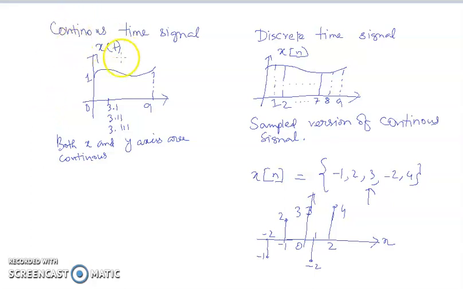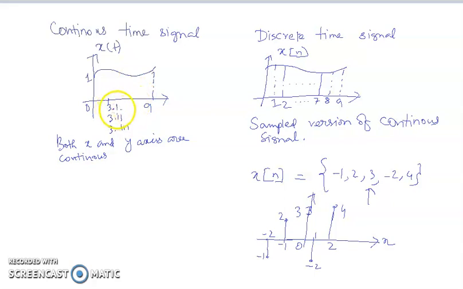A continuous time signal is defined at every point of time, at every instant of time t. So this signal x(t) is defined from 0 to 9, and we have values for x(t) at every instant of t.